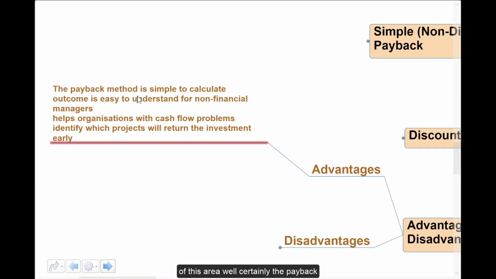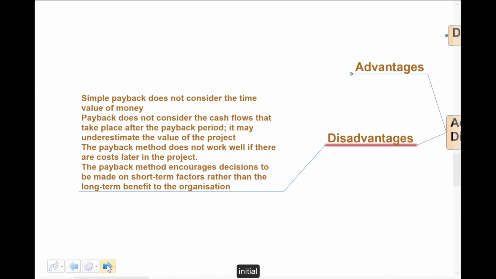Well, certainly the payback method, i.e. the simple payback method, is pretty straightforward. It's certainly easy to understand for non-financial managers. And indeed, at a low level, it's probably a fairly good technique just to see how quickly you can return or have returned initial investments.